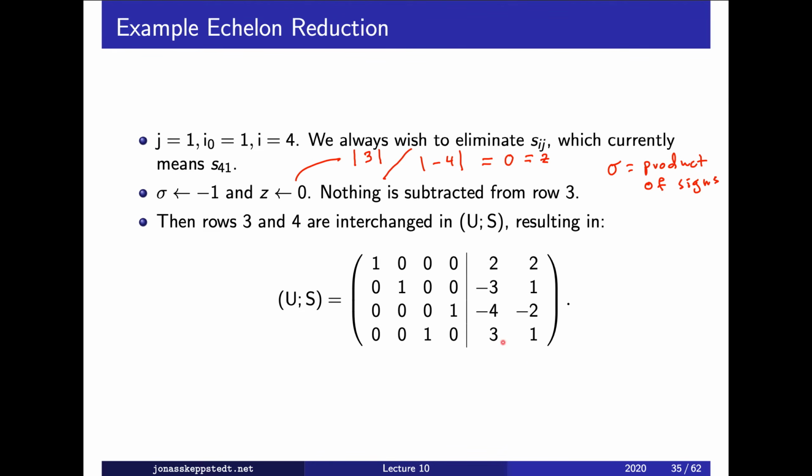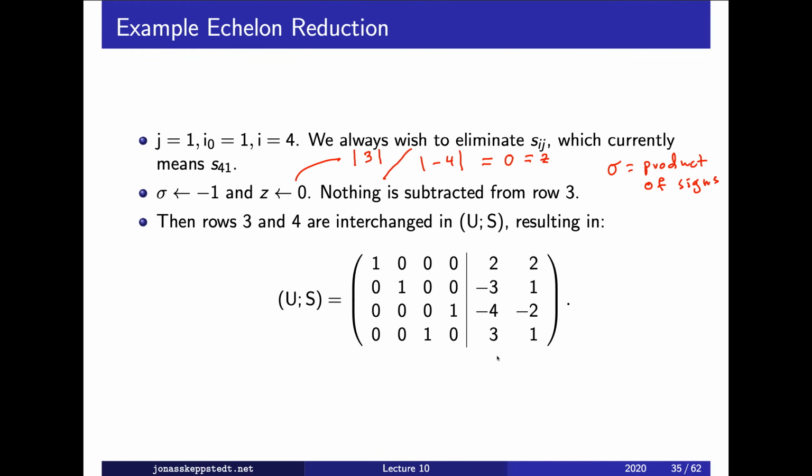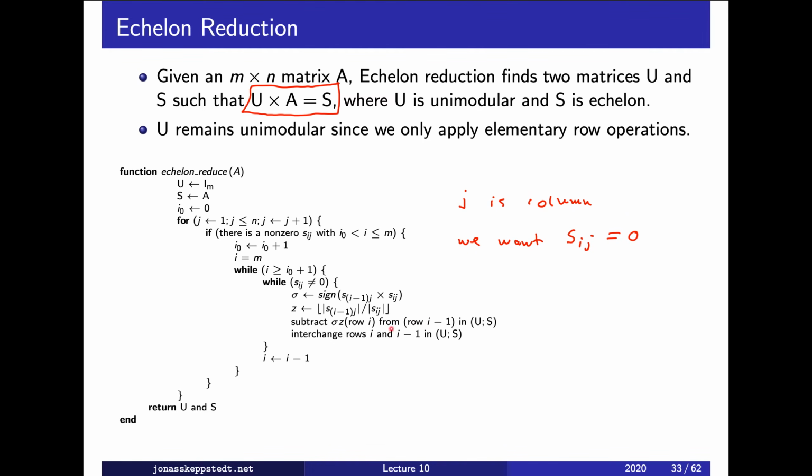Now the goal is to remove this -4, and we do that by finding the product and the quotient, and then we subtract this from the row above, and then we interchange these 2 rows. So these can be done with elementary row operations.